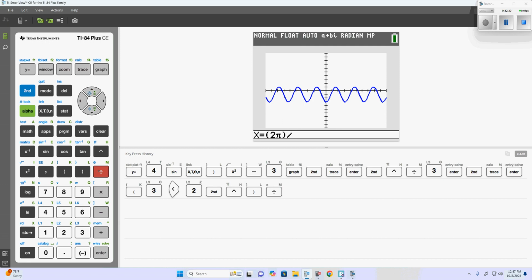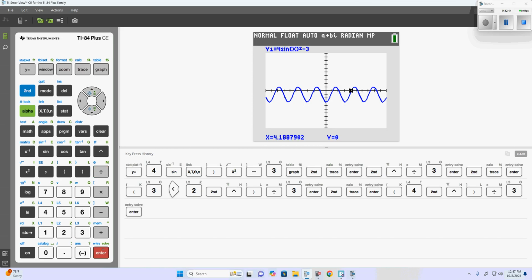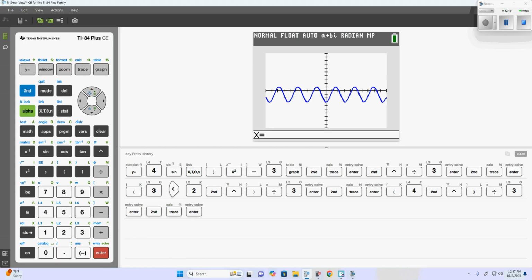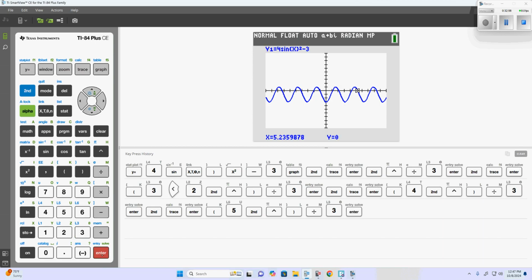Pi divided by 3 is still 0. Second trace value. 4 pi divided by 3, 0. Trace value. 5 pi divided by 3 is 0. And we can check any and all of those to make sure we indeed get the correct answer.